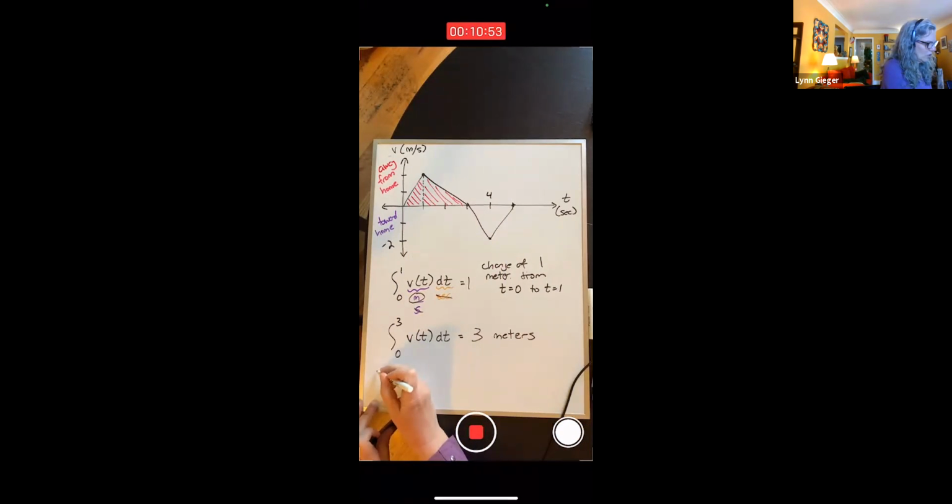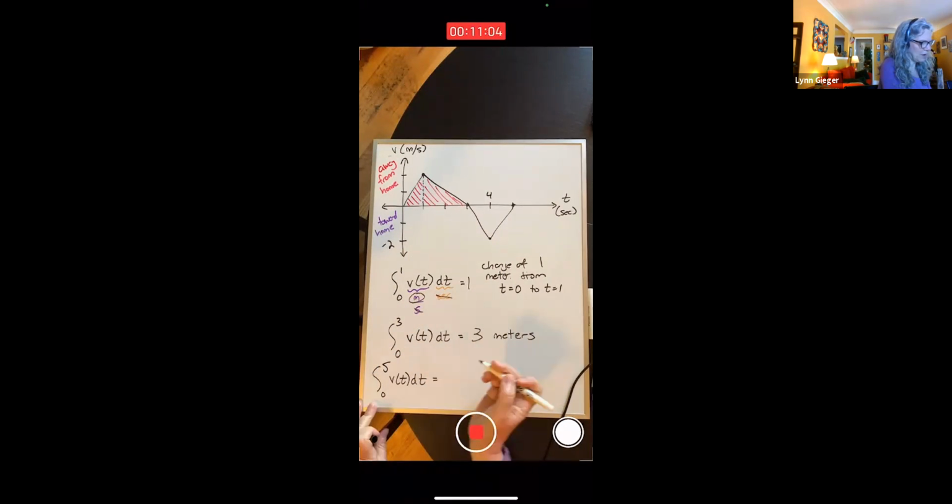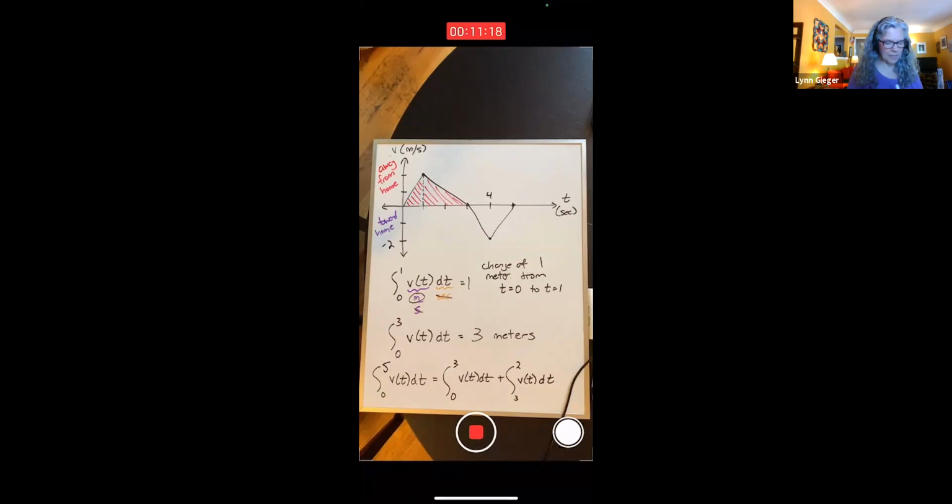Let's see, we'll go from 0 to 4 of v of t dt. Actually, I'm going to go from 0 to 5. Let's do the whole thing. Well, there's the 0 to 3 of v of t dt, and there's the 3 to 5 of v of t dt.